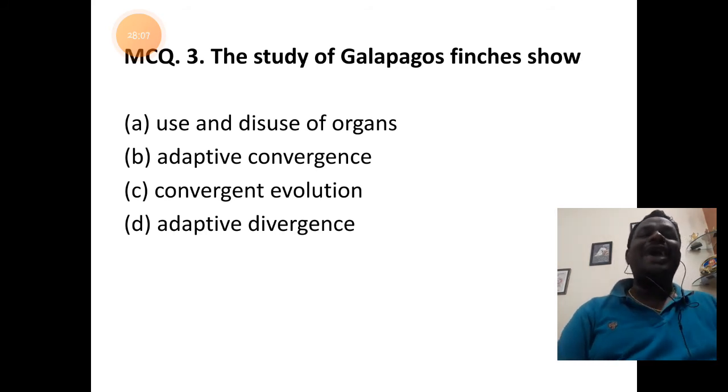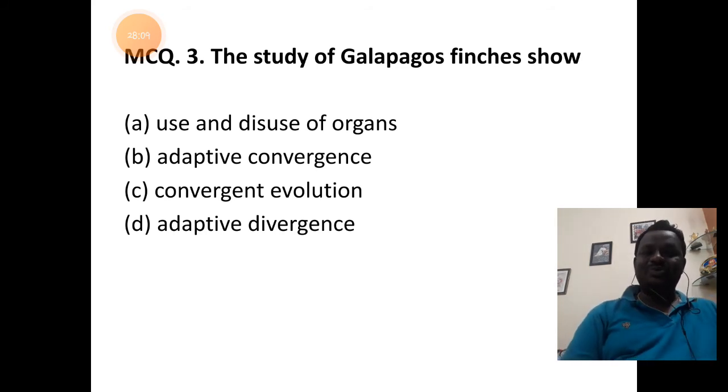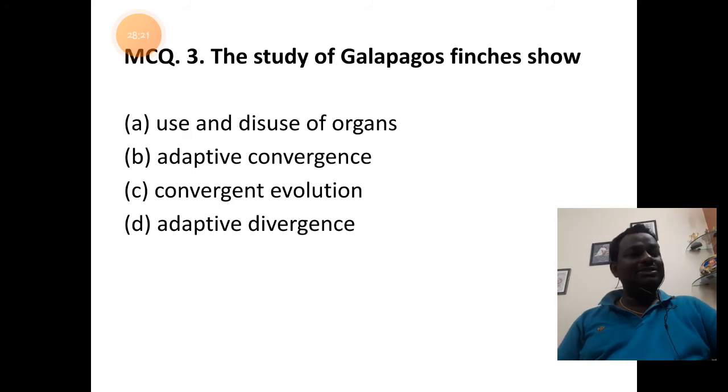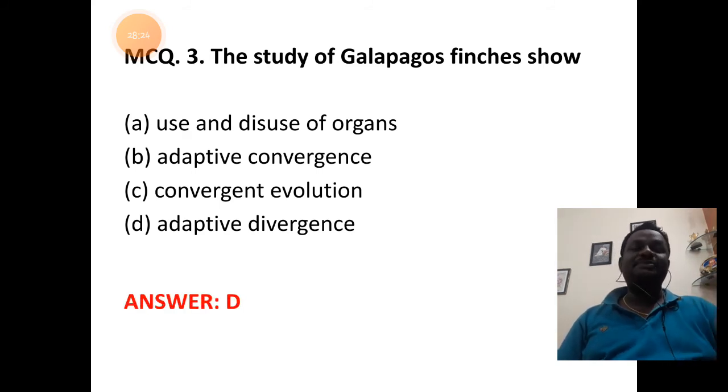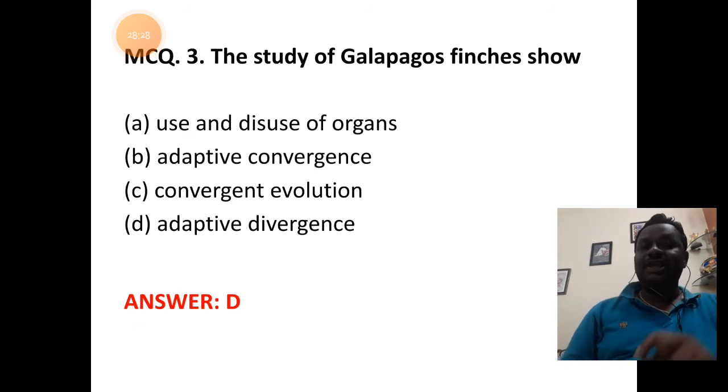The study of Galapagos finches shows which character here? Adaptive convergence, use and disuse of organs, convergent evolution, adaptive divergence. What concept does it explain? It explains adaptive divergence. The example of Galapagos finches is adaptive divergence.